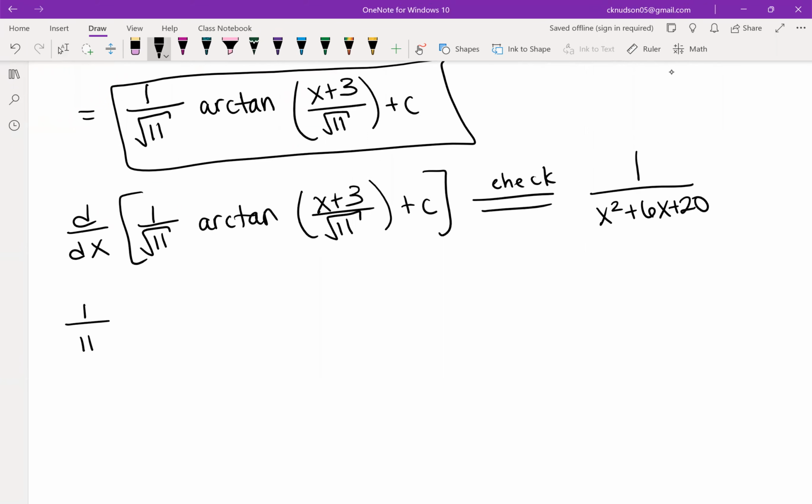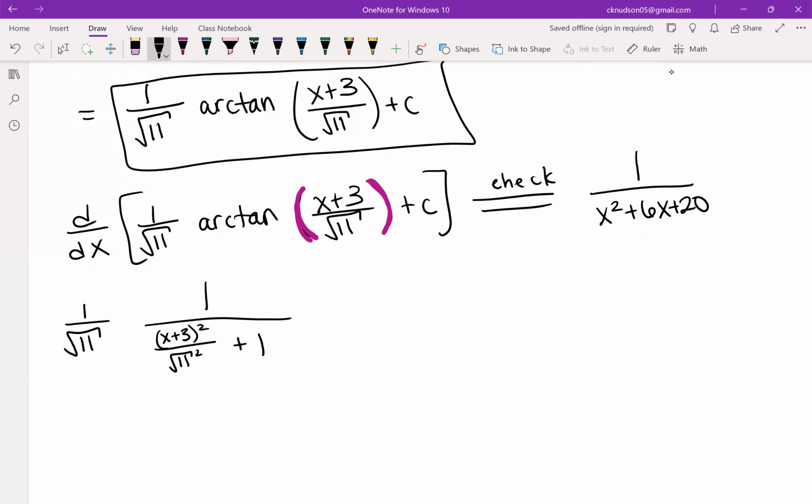So we have 1 over the square root of 11. Now we'll need to use the chain rule here because we have arctan of x plus 3 over the square root of 11. So the derivative of arctan is 1 over whatever is in these pink parentheses, squared, plus 1. So we have x plus 3 squared over 11 squared, square rooted, plus 1.